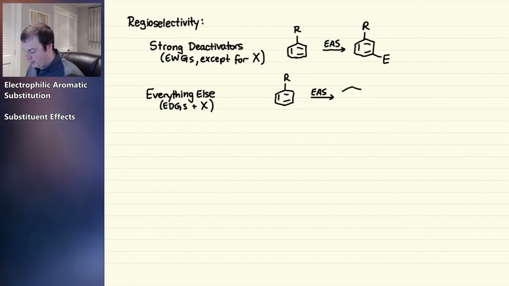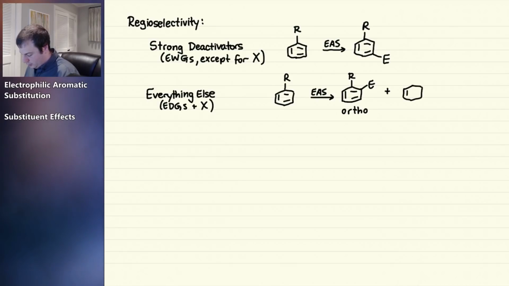We're going to actually favor the para product. We do get some ortho as well, quite a bit of ortho. So we would get some ortho plus para. And for the purposes of this class, para is going to be our major product.